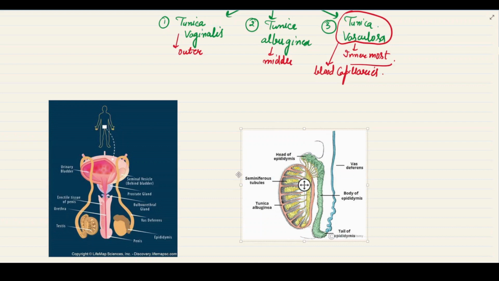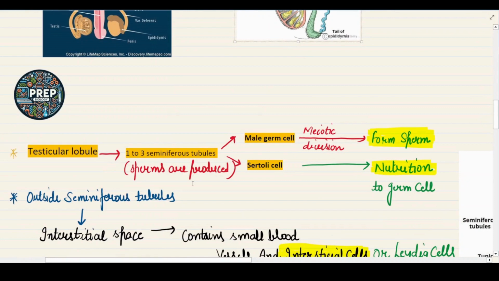Inside the testicular tubules, we have 1 to 3 seminiferous tubules where sperms are produced. The seminiferous tubules are lined by special types of cells.